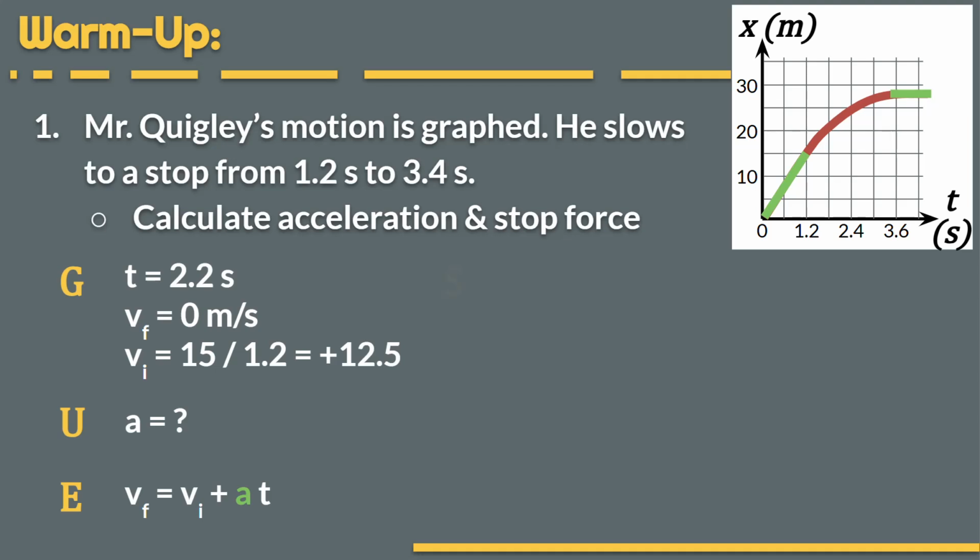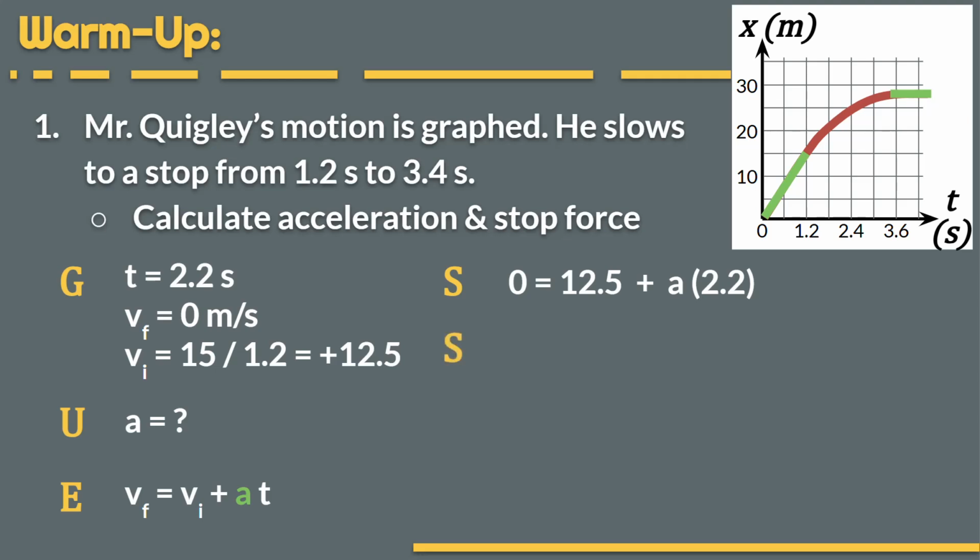When I substitute in, it looks like this. VF is 0, VI is 12.5, plus A times 2.2. When I go to solve this algebraically, please keep in mind you cannot add 12.5 plus 2.2A. They are not like terms.